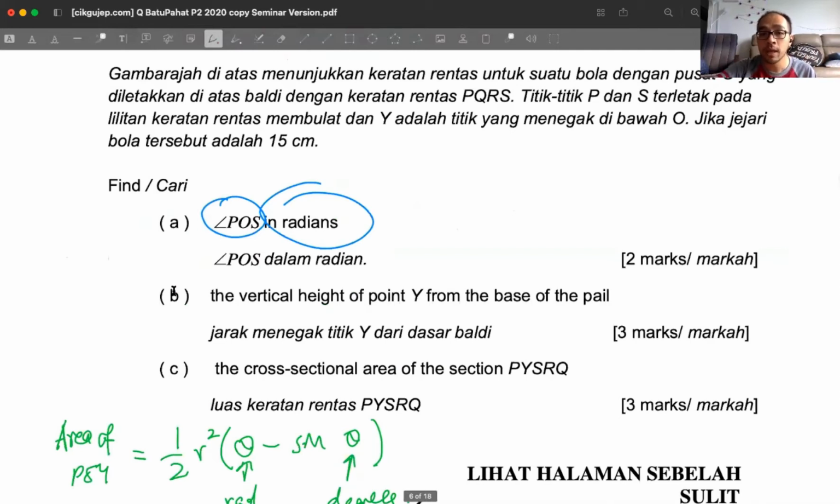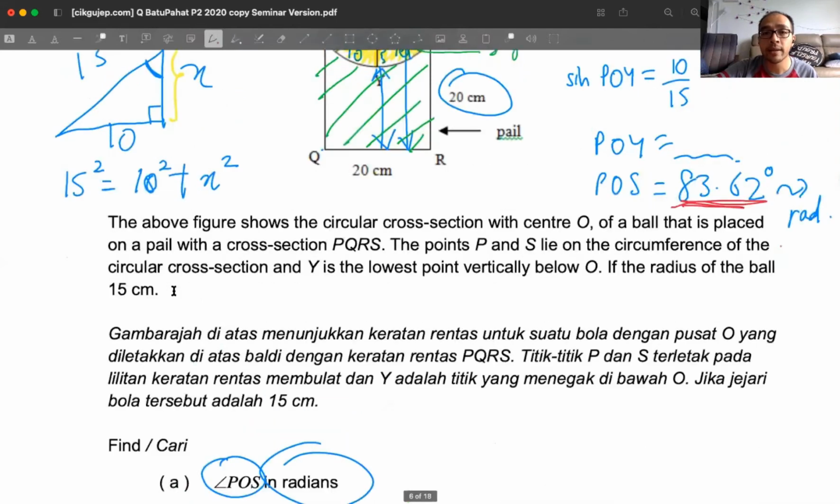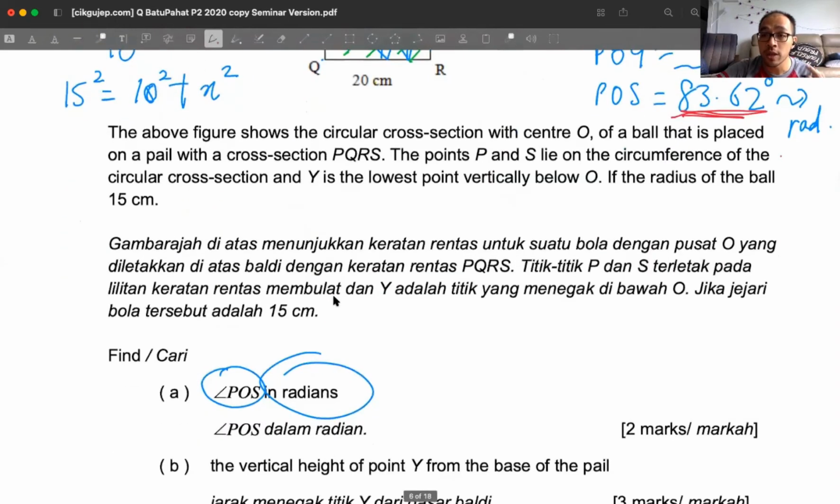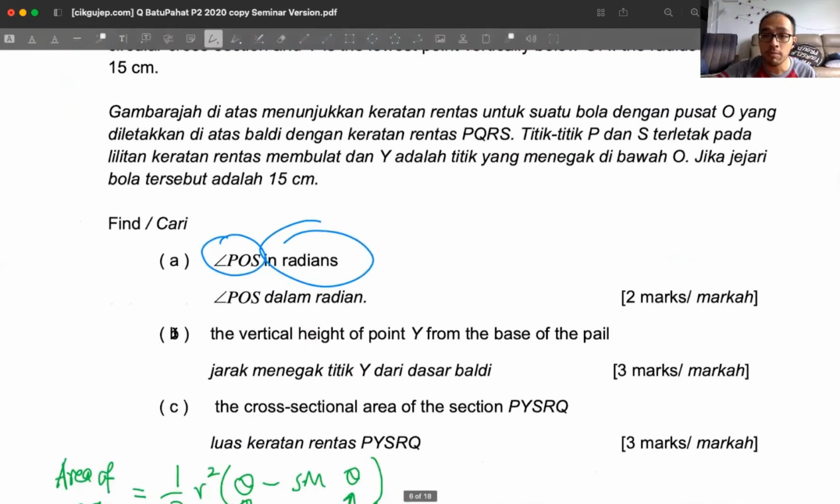So don't be scared of circular measure questions. This is a very good question because it gives you a chance to redeem yourself. Question B is a mathematics part, Form 3 mathematics, so it gives you a chance to get points from here.